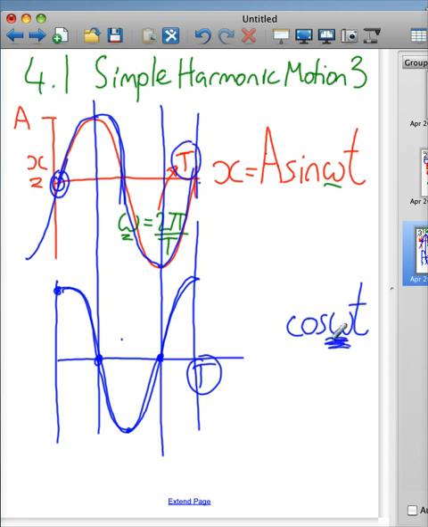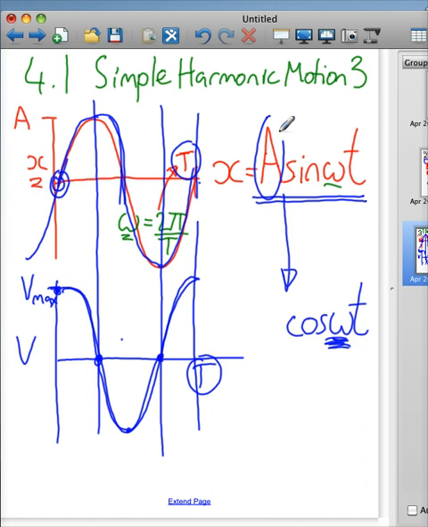Now that's great. But if this is a velocity graph, the maximum velocity value is V max, if you like. We don't have to know the maths behind this; high-level guys will do this. But we can also show the derivative of this, the rate of change. If you do the rate of change of a sine formula, this is what it looks like.